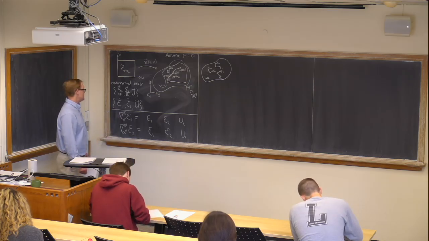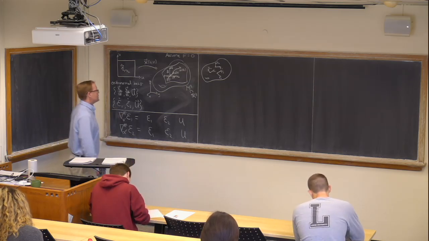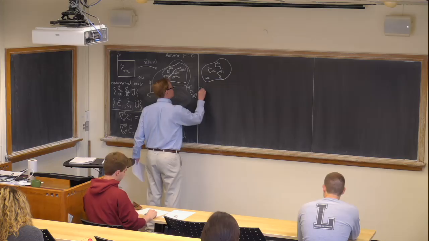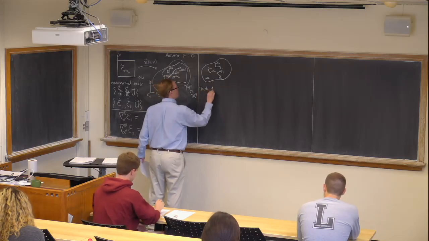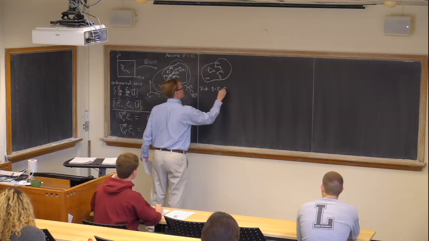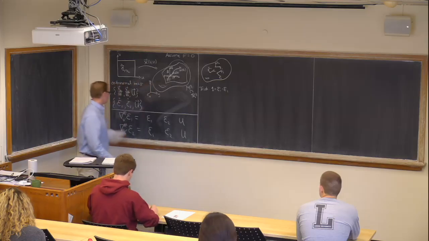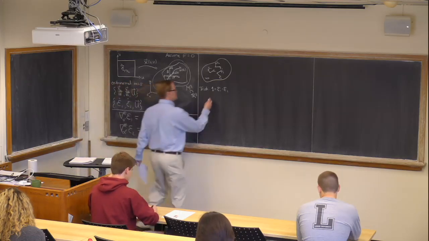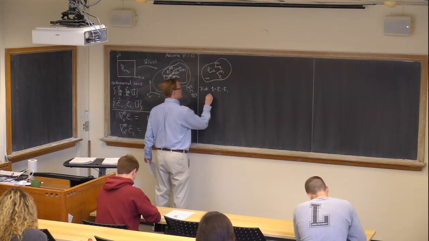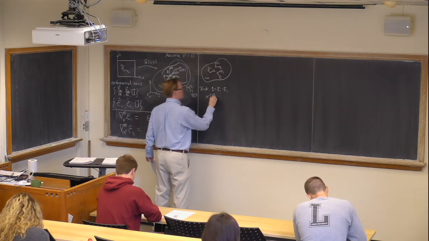Okay? Well, remember our trick? We use this trick all the time. 1 is equal to E1 dot product E1, right? So now if we take the derivative along alpha prime, then we get alpha prime applied to 1, the directional derivative of 1, which of course is going to be 0.